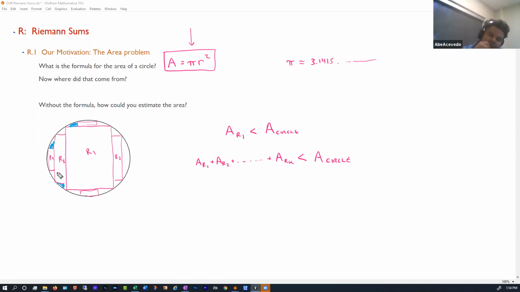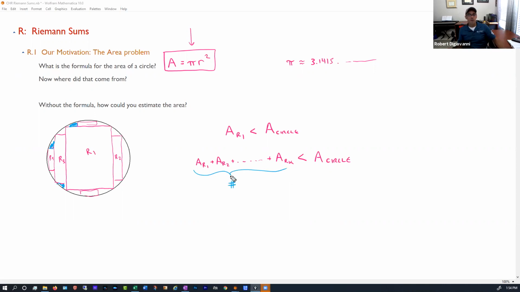And so I definitely know that it's not enough. It's too small still. Agreed? Okay. But I would have a number, right? This would be some number. I know that that number is smaller than the true area.